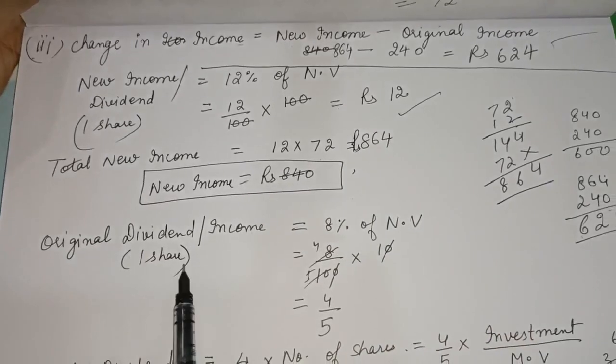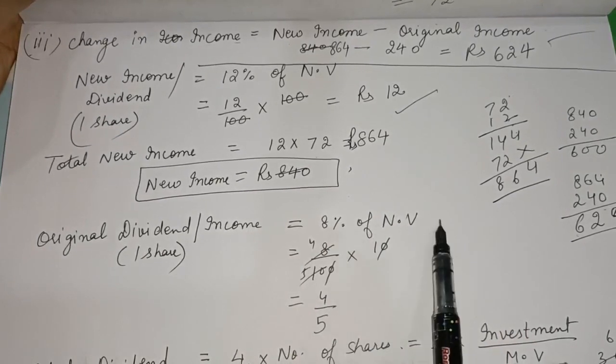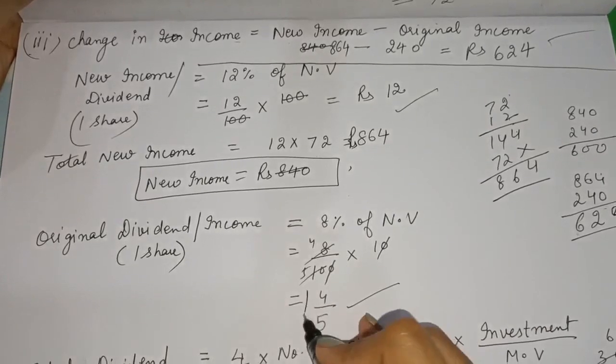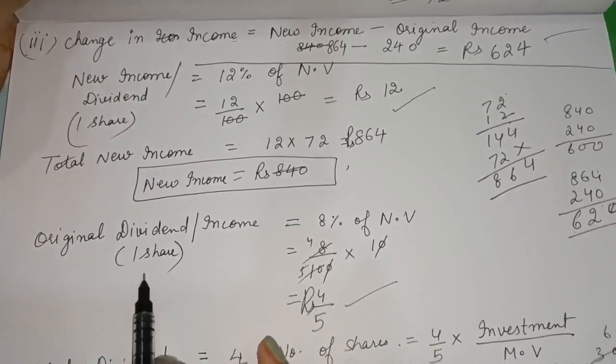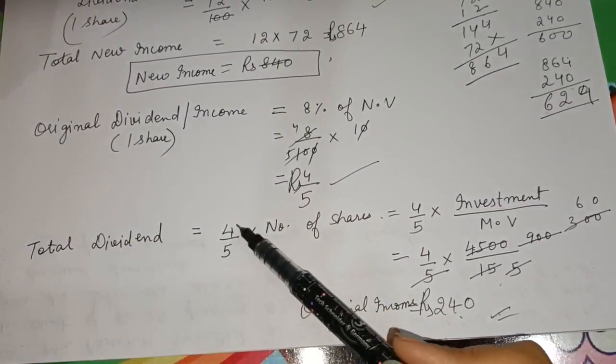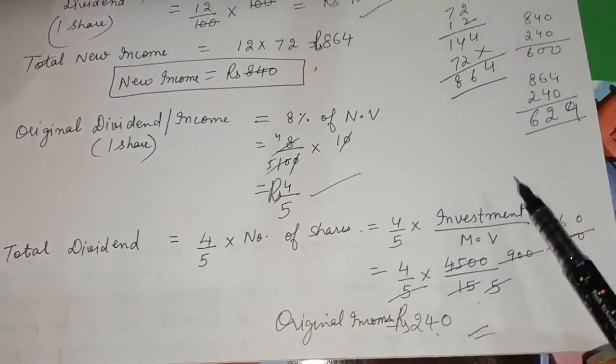Then the original income we found. Original dividend percentage was 8%. So 8% of NV, 8 by 100 into 10 we did, and it was 4 by 5. So this was on one share. We have to find total on all the number of shares. So 4 by 5 into number of shares we have to do. In the first case we didn't know the number of shares.